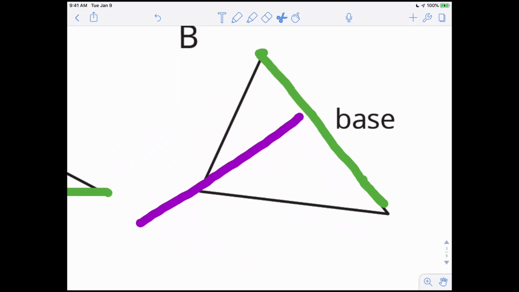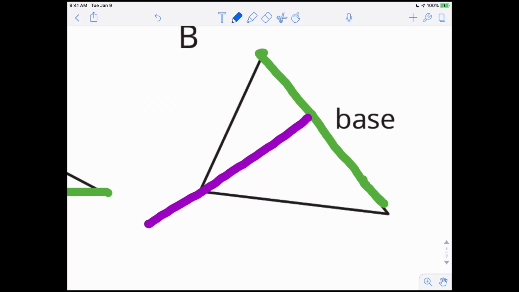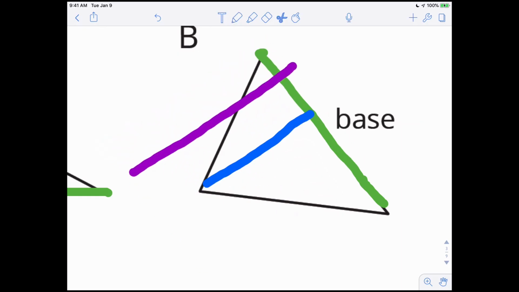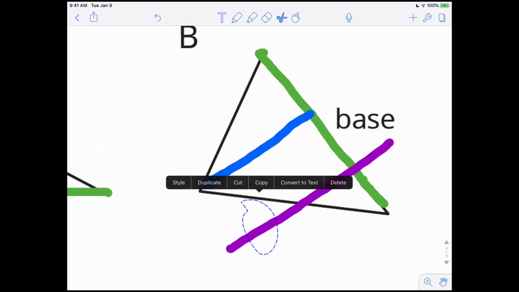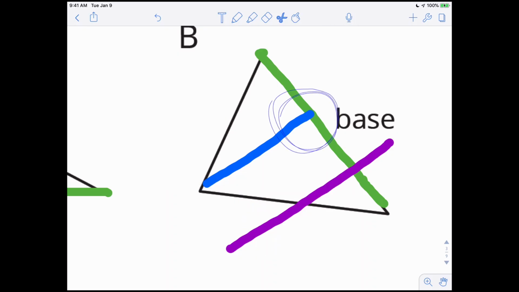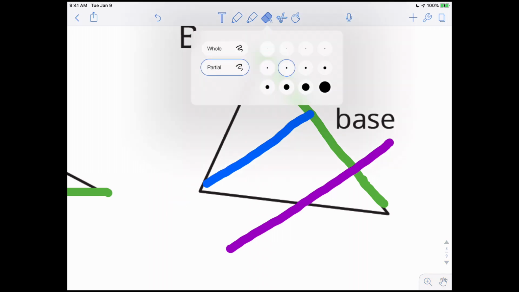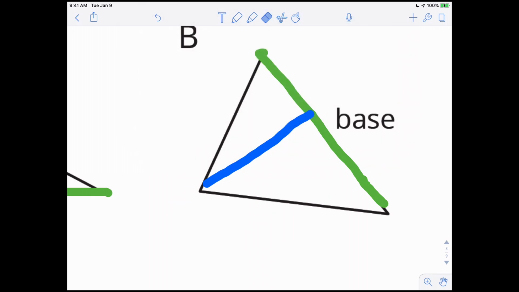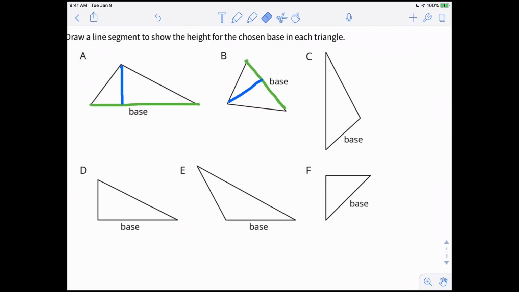And the height is, boom, right there. You can see it's a right angle right here, and it extends to the maximum right there. Good. I'm going to get rid of that guy. And you're getting the idea.